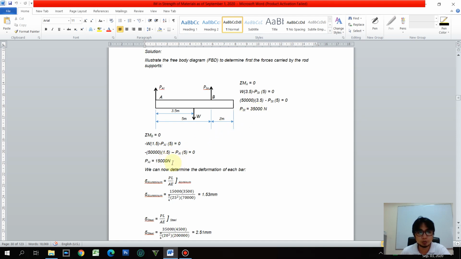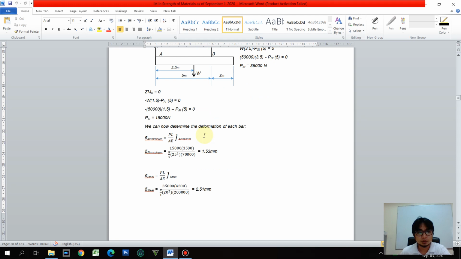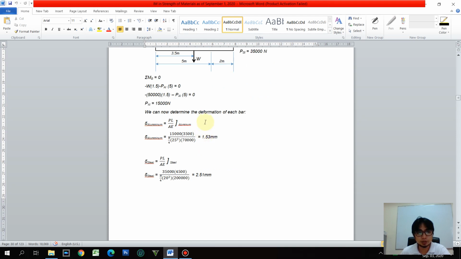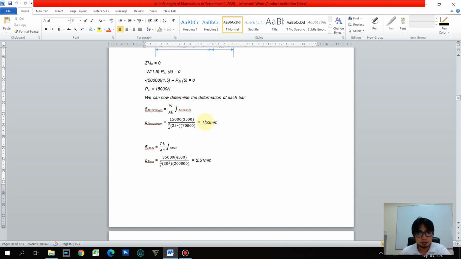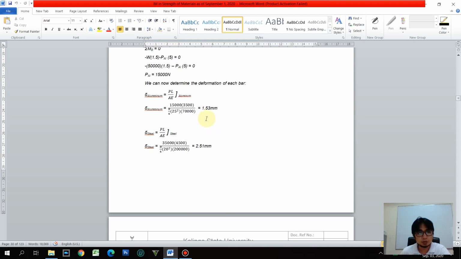We add those: going upwards, 35,000 plus 15,000 is 50,000, which is equivalent to the downward force, the weight. So that is our check mechanism in this problem. Next, we can now determine the deformation of each bar.